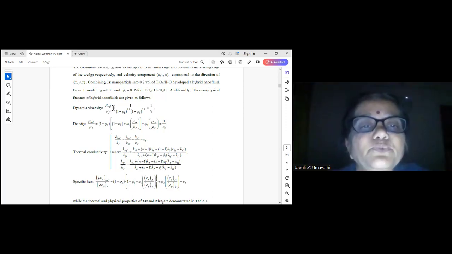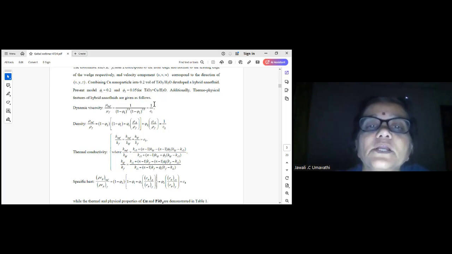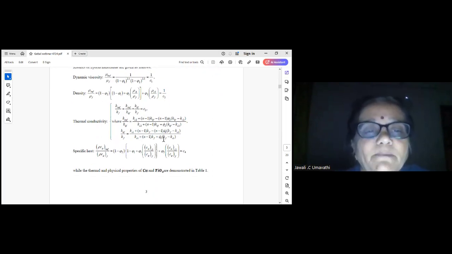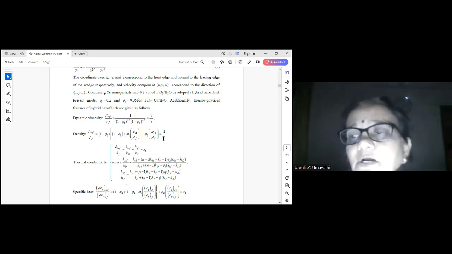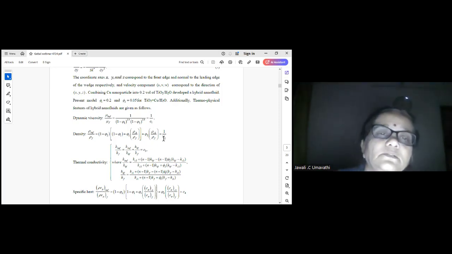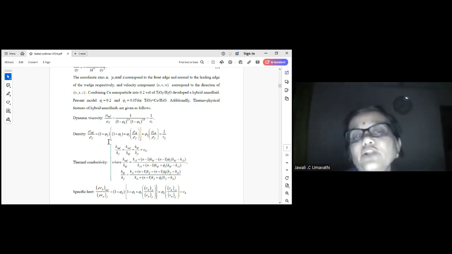Say for example, mu HNF over mu F. For this problem, I'm considering that relation to be 1 upon (1 minus phi 1) to the power of 2.5 times (1 minus phi 2) to the power of 2.5, which is the well-known Maxwell model. But you can see in the literature a lot of relations, the relations of hybrid nanofluid with the regular fluid.